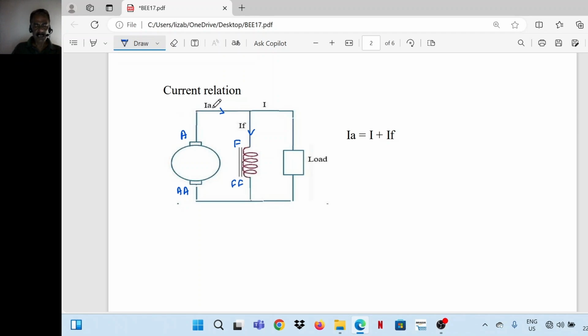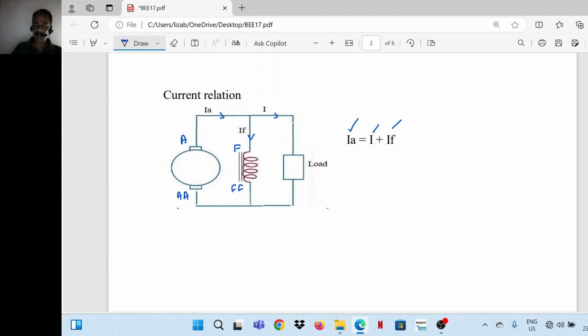So out of the current supplied, a portion goes to the field winding, remaining is delivered to the load. So from this diagram it is clear that total current supplied by the armature, that is IA, is equal to load current plus field current. So armature current is equal to load current plus field current.